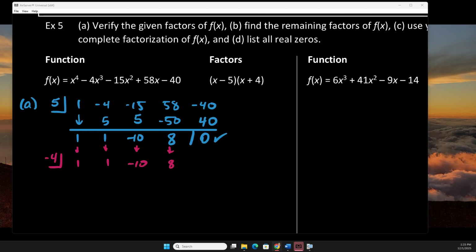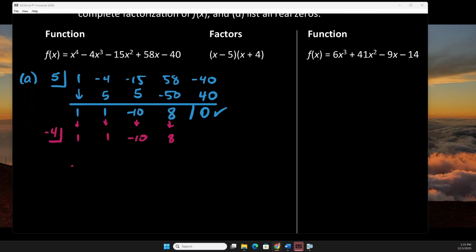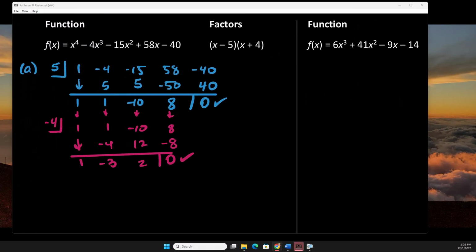That's called using the depressed polynomial to verify, and that's fine. So when I use the shortened version, I still got a remainder of 0 for checking x plus 4, so we're good. We've done part A. We verified the factors.